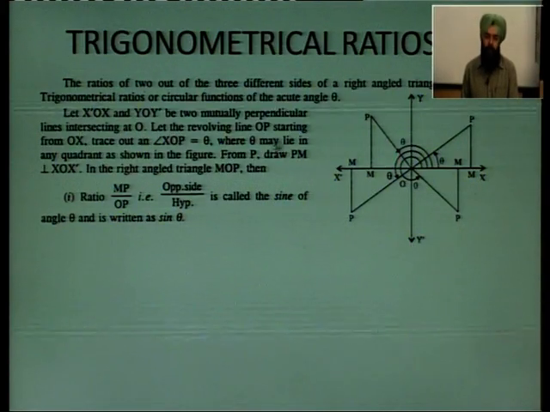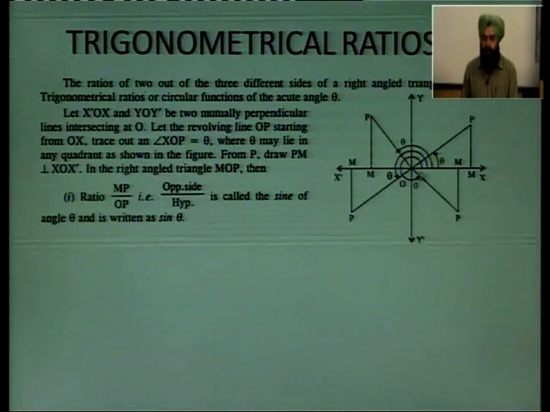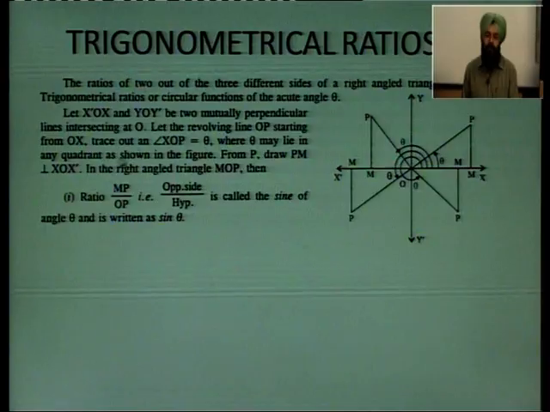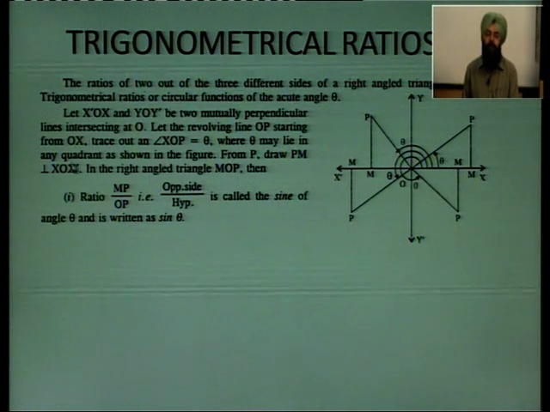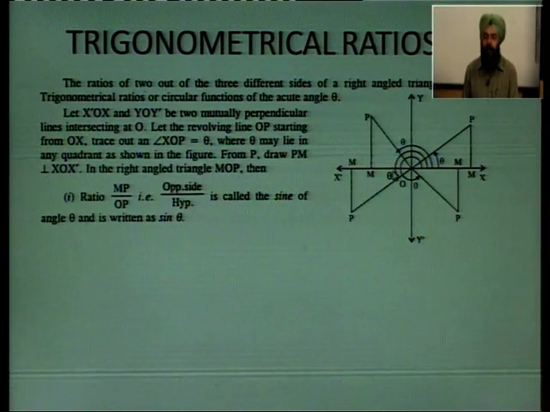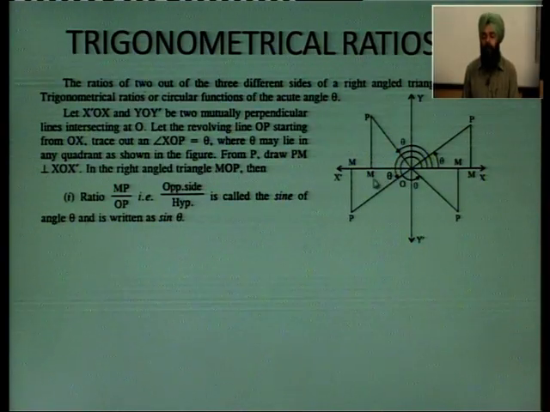The revolving line OP, starting from OX, traces out the angle XOP, theta. This angle XOP is theta, where theta may lie in any quadrant, that is, theta may lie in the first quadrant, the second quadrant, the third quadrant, or the fourth quadrant.